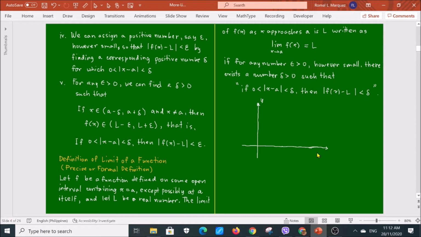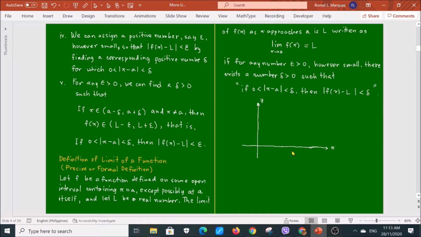That's why we try to replace the phrases in the intuitive definition gradually so that they become mathematical. So you just go back to the corresponding implications of every phrase, so that you will understand why it becomes like this mathematically.